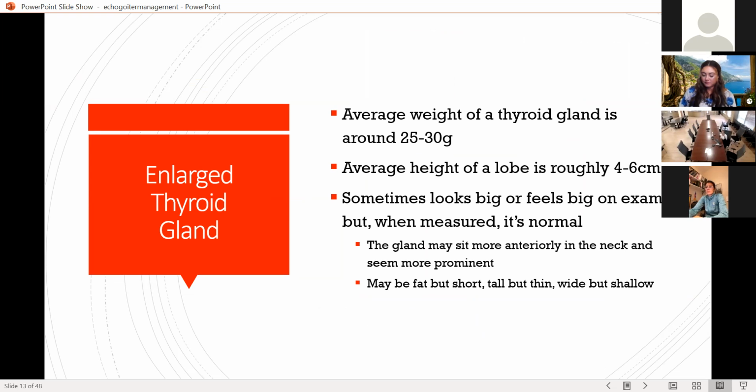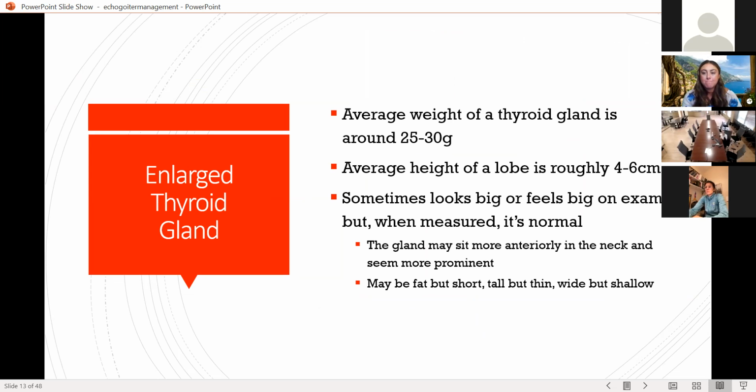So when you see in the summary that it says thyromegaly, sometimes radiologists will report thyromegaly when in fact the thyroid is not truly enlarged. So just look at it yourself, and if the dimensions are somewhere in the 5s or even low 6s and it doesn't look or feel to the patient like it's enlarged, it's maybe a little on the plumpy side, but it doesn't have to mean anything.